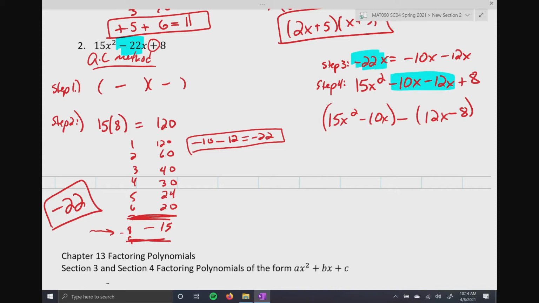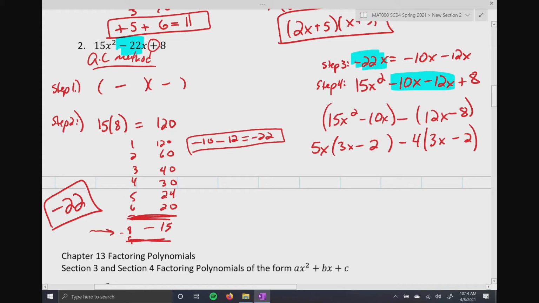Now, we're going to factor out our little mini GCFs. For the first set of parentheses, I factor out a 5x. That gives me 3x minus 2. For the second set of parentheses, I can factor out a 4. That gives me 3x minus 2.